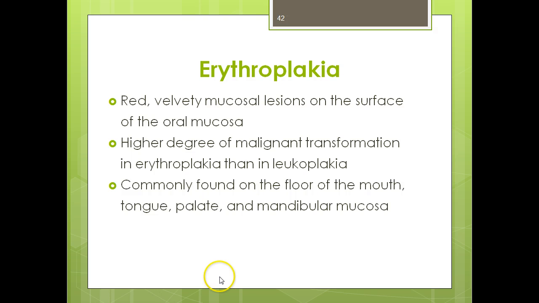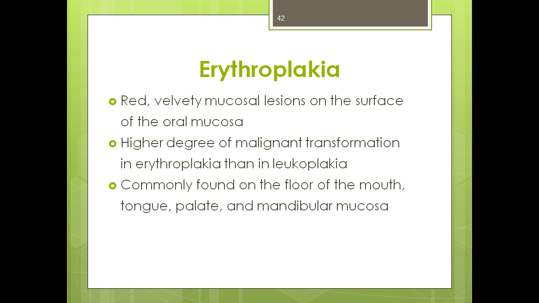Erythroplakia is what they call a red velvety mucosal lesion on the surface of the oral mucosa. There's a higher degree of malignant transformation in erythroplakia than in leukoplakia.